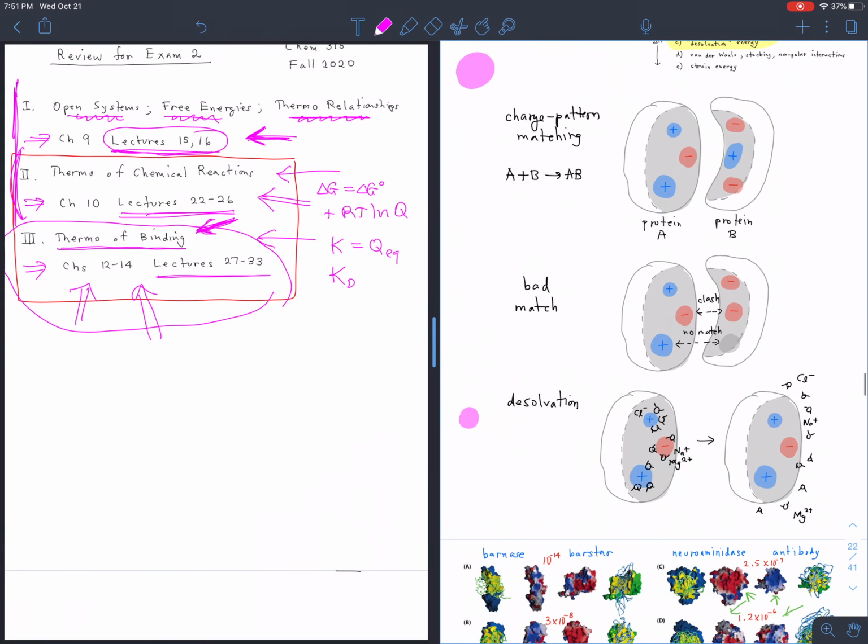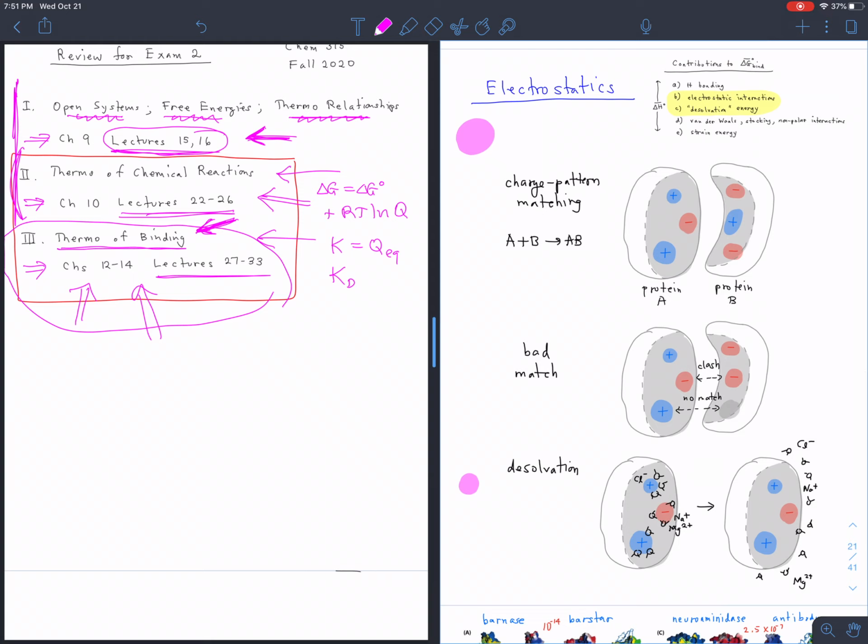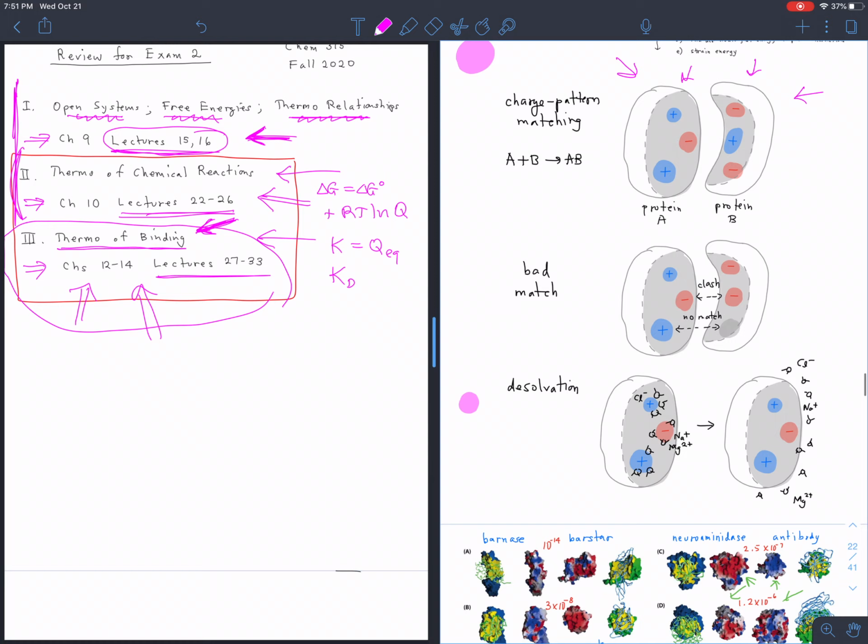We looked at that. Then there's electrostatics. Same story, basically. The patterns on the two binding surfaces have to be complementary, right? Wherever there's a plus on one side, there has to be a minus on the other side. But if they are complementary, that doesn't mean that you'll get strong binding necessarily, because you've got to take the water away from those charged species in order to bring the two molecules together, and taking the water away costs you energy.